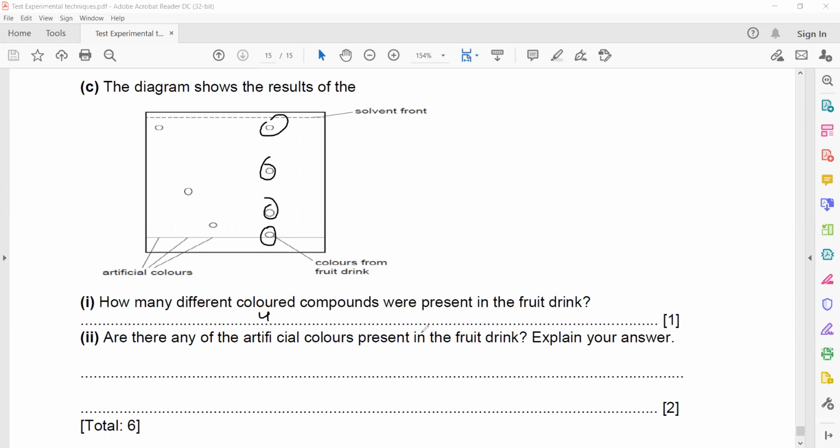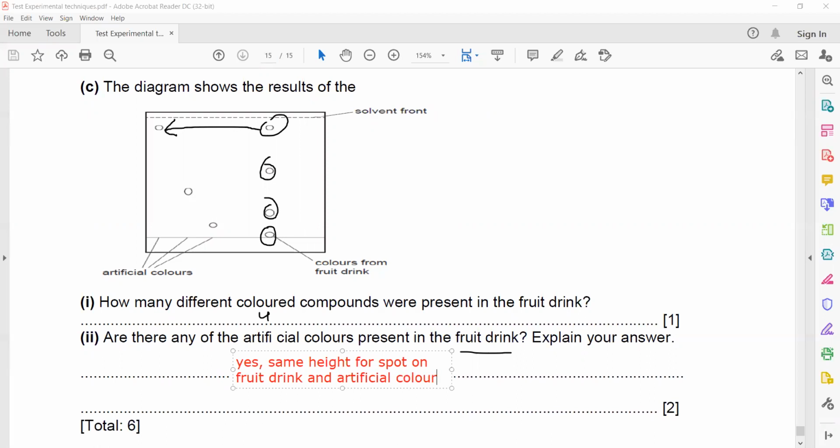Is there any artificial coloring present in the fruit drink? Explain your answer. So, are there? Yes, there is artificial coloring present because it has the same height. So the answer should be yes, and the reason is there is the same height for a spot in the fruit drink and the artificial color.